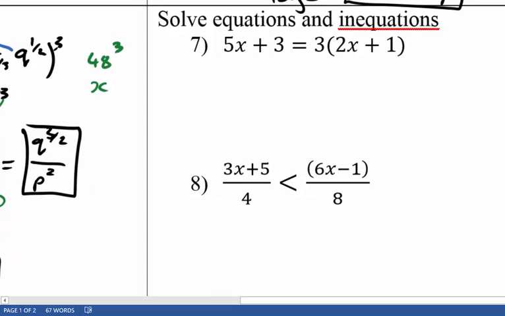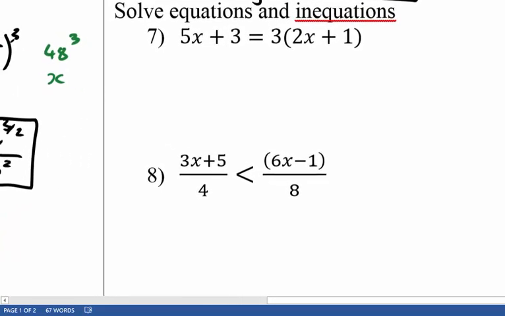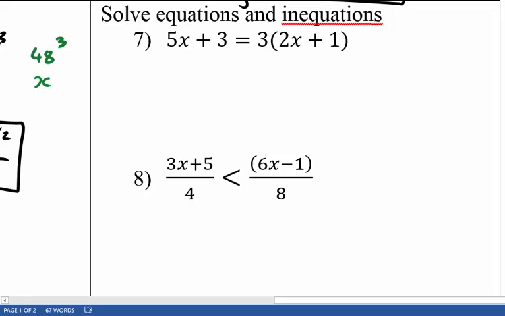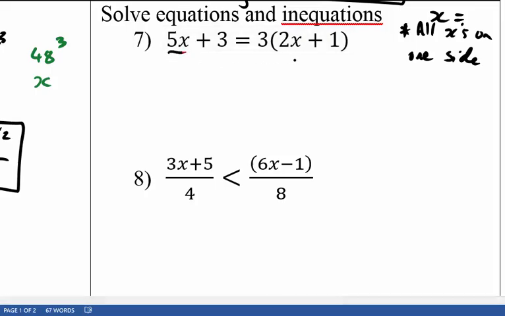This is just a linear equation, it's not a quadratic one, so there should just be one answer for x. So I'm aiming for an x equals, and from your knowledge, you will know that you need to get all x's on one side first. That's the first step. First step for solving linear equations. So I've got an x here, and I've got an x here.